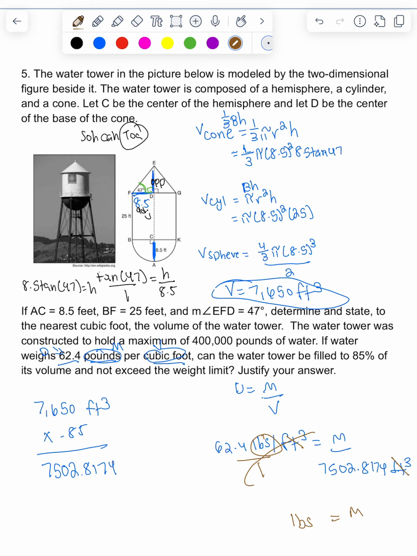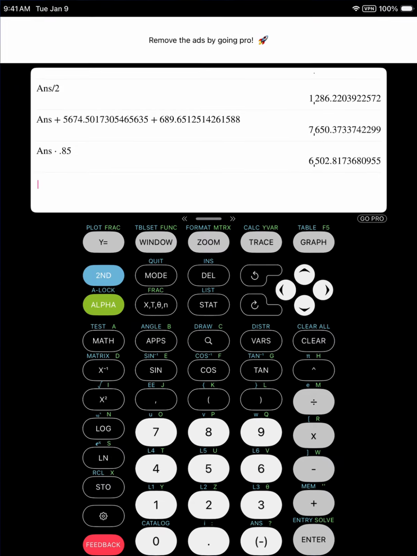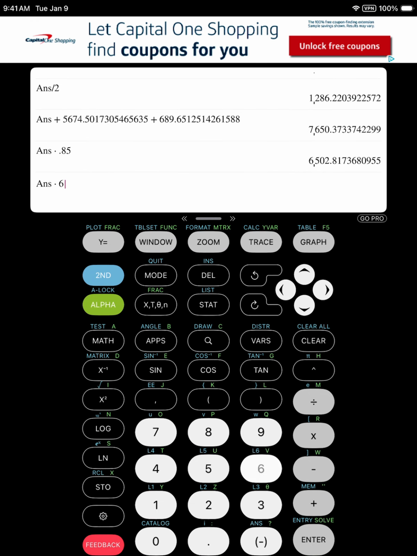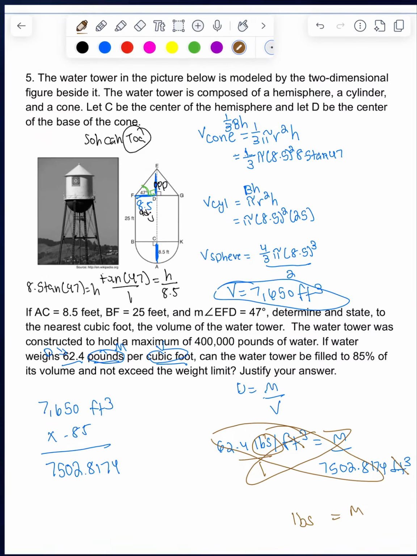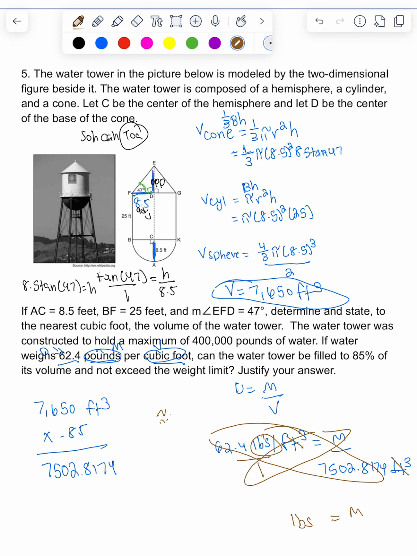Going to put this over 1 and cross multiply. M equals that number times 62.4. So I'm going to do that in my calculator. Times 62.4. Okay. And that's approximately 405,000. I'll just say approximately 406,000.